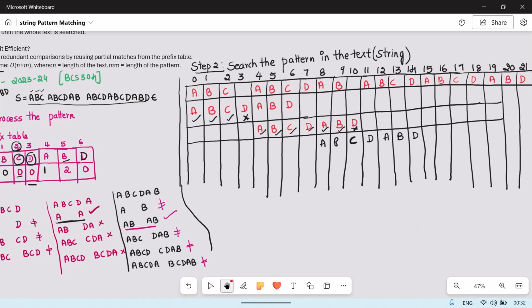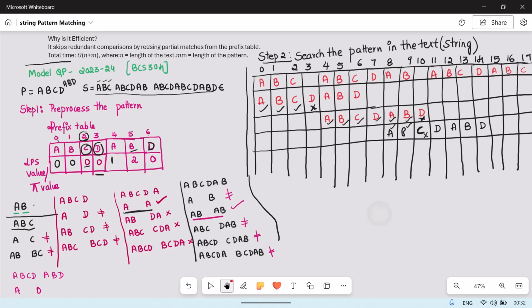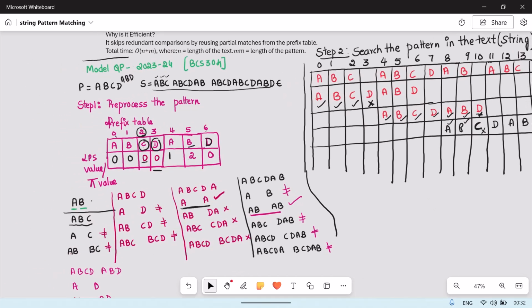Now what you are supposed to do? Again, check for correctness. So one by one you check. A is matching, B is matching. Third character C is not matching. Can you see? So what do you do again? Go back to the table.